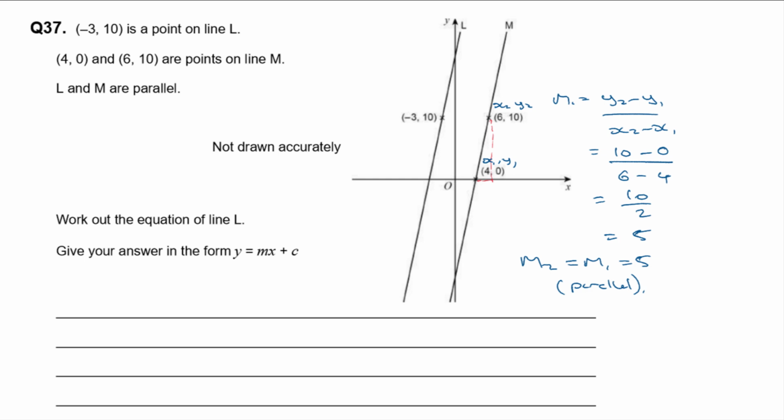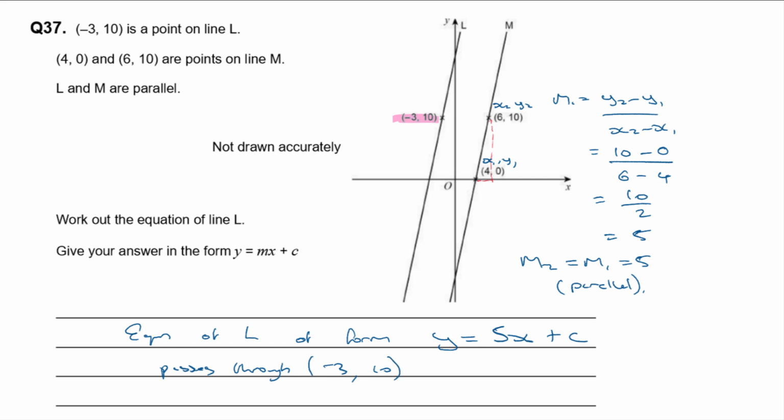So the equation of L is of the form y is equal to 5x plus c, because we know the gradient is 5. Now we know the point that lies on the line is minus 3, 10. So we can say it passes through minus 3, 10.